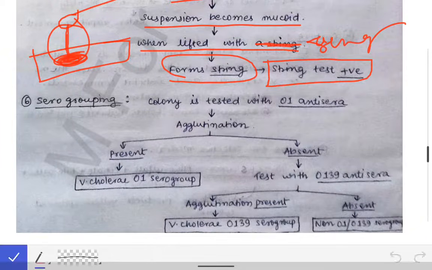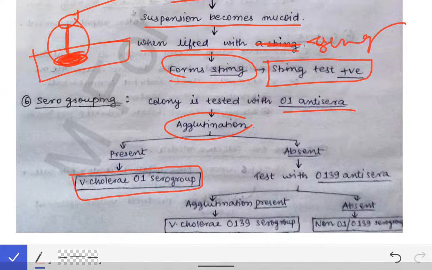Next is O grouping. For the O grouping, we have some O1 antisera. If there is agglutination with O1 antisera, that means it is O1 serogroup. If there is no agglutination with O1 antisera, then test with O139 antisera.